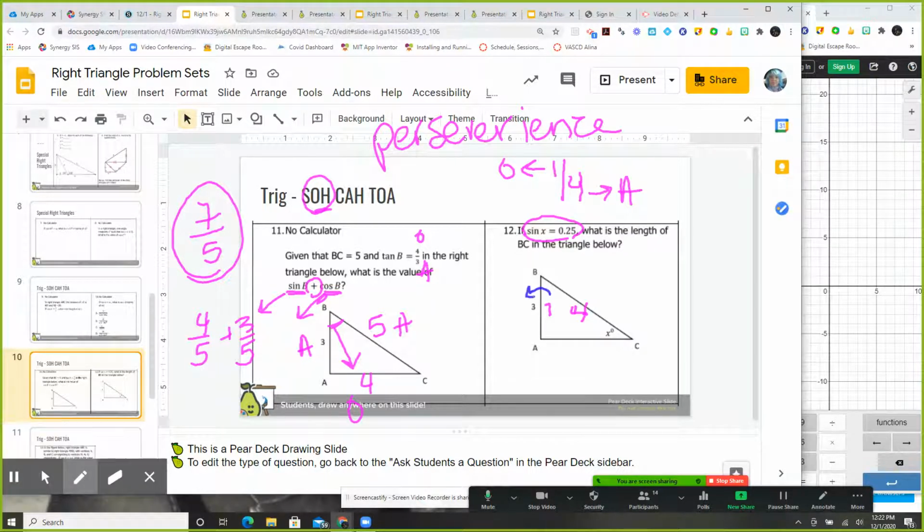Bingo. So we got to use a scale factor of 3. So what's BC going to be? So 1 times 3 is 3. So 4 times 3 is 12. You're just multiplying the pink numbers by a scale factor of 3 to get the blue numbers.